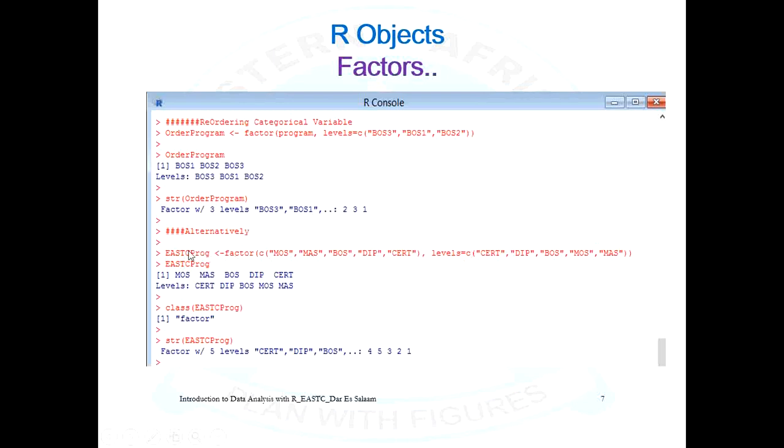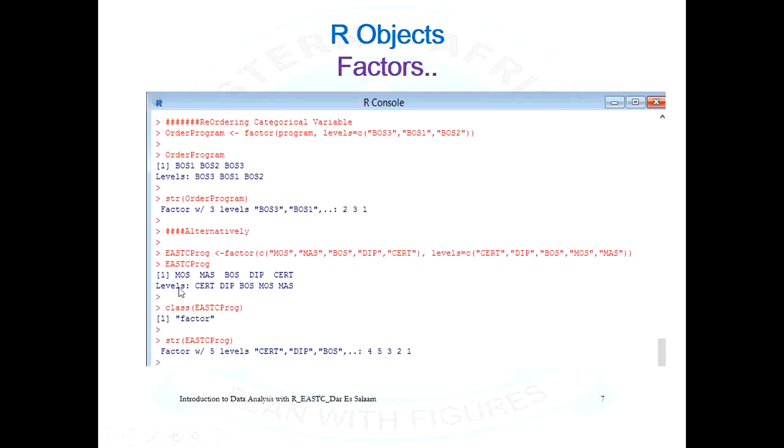So with this one, you don't need to make a vector object. You simply make your factor object by using the function factor. You specify your categories and then the labels. So this is most, mass, boss, diploma, certificate. Okay, these are the programs. But with the labels, it is certificate, diploma, boss, most, mass. So you can see most is the first to be listed here.